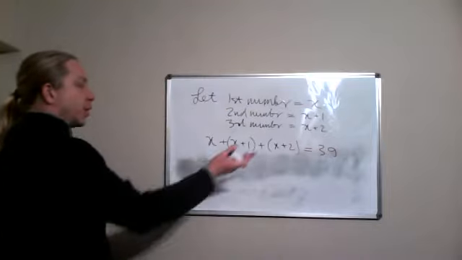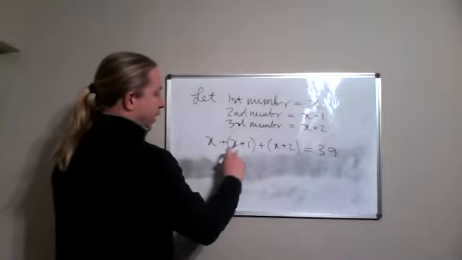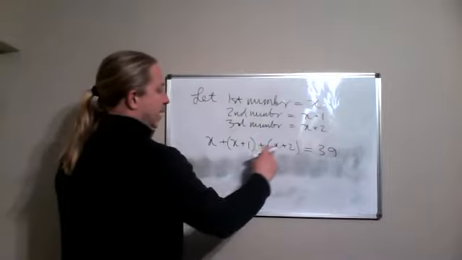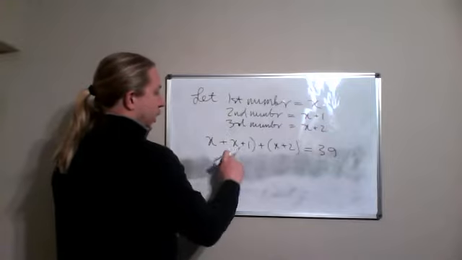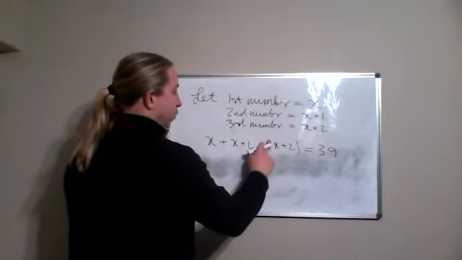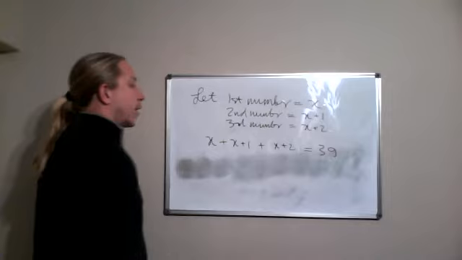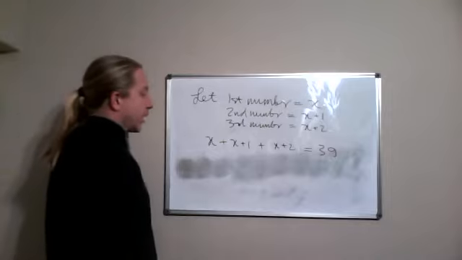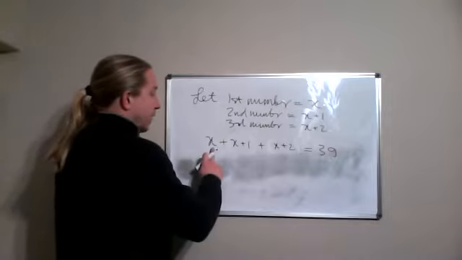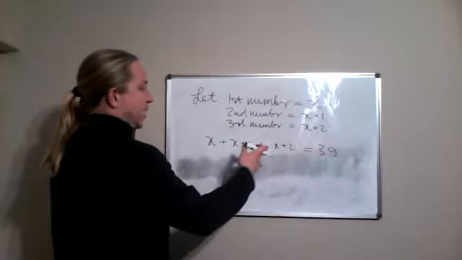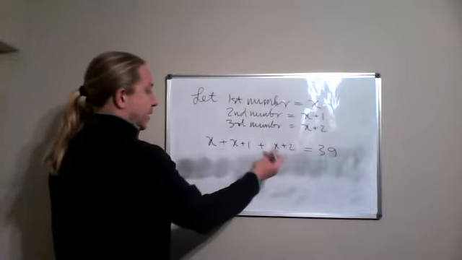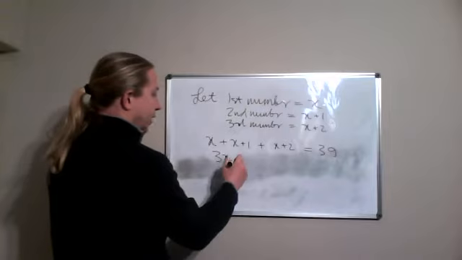Now we can drop the brackets. Everything is positive, so if we multiply the plus in, nothing is going to change. You guys can rewrite it without brackets. Then we're going to add like terms. x, and x, and x gives us 3x.